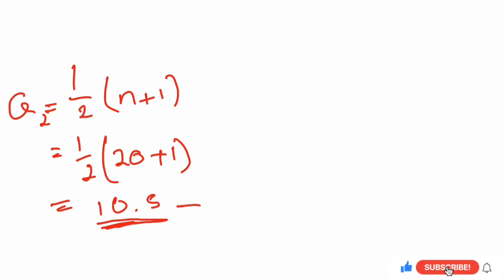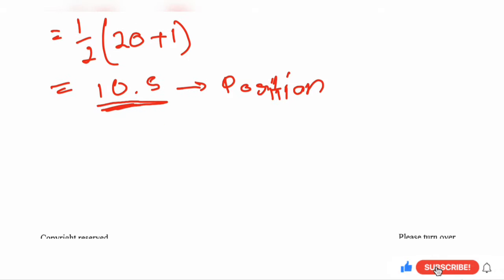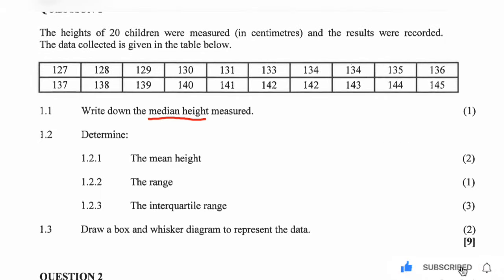The 10.5 will only give you the position where you are going to get the answer. Where is that position? You go to your data set, you start counting. 1, 2, 3, 4, 5, 6, 7, 8, 9, 10. Now remember, it's 10.5, the position, which means you have to also include the next value, which is 137.